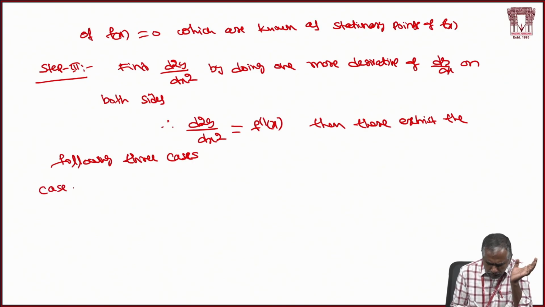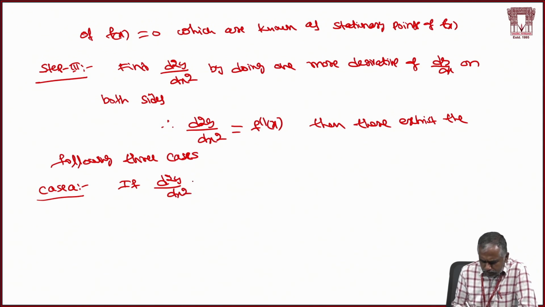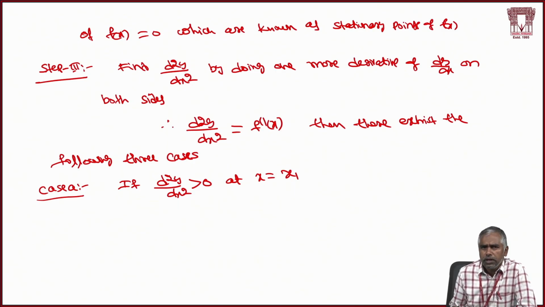Case A. If d square y by dx square greater than 0 at x equal to x1, which is the first stationary point of f of x, then f of x contains minimum value.